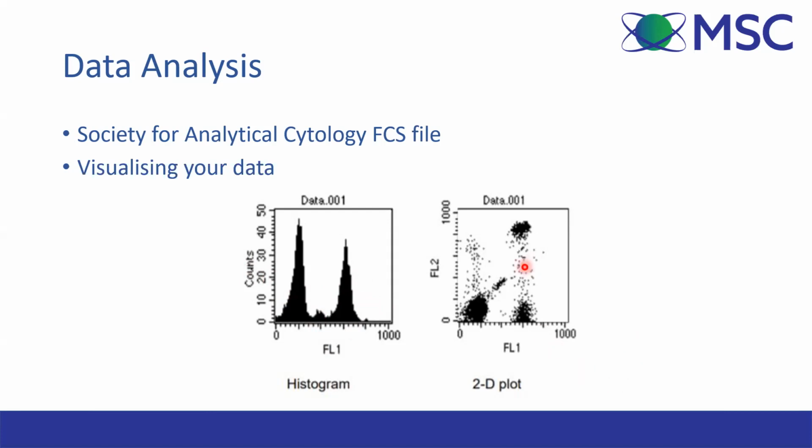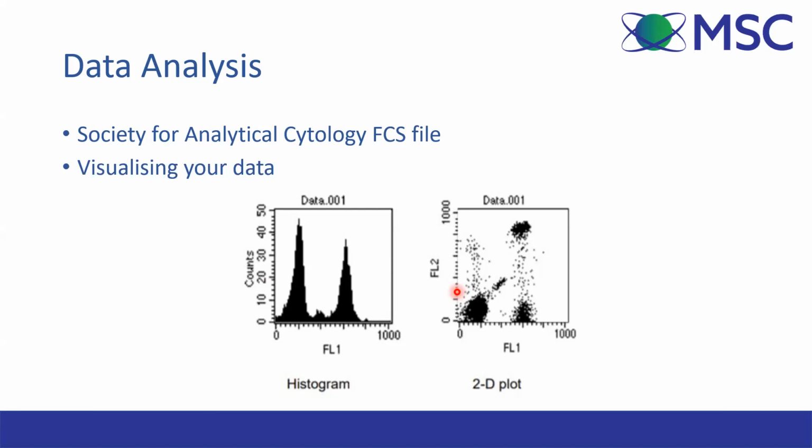The second commonly seen plot, which we have here on the right, is the 2D plot, or the dot plot. Here you'll have one channel on the x-axis and another channel on the y. The channels can be fluorochromes, or they can be forward scatter or side scatter, or a combination of both.